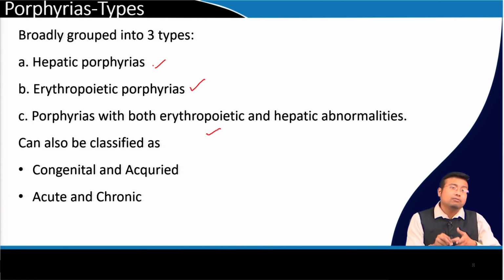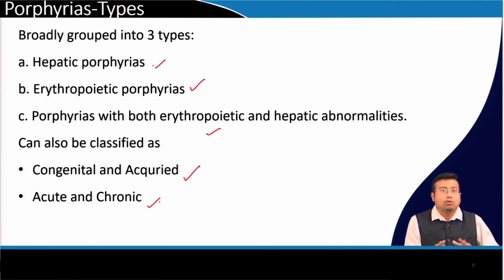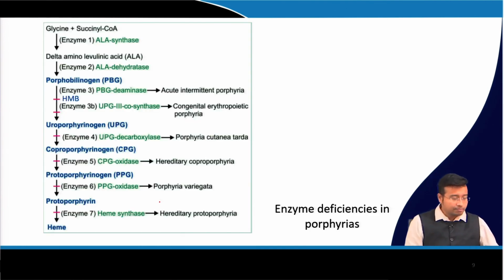There are some other ways the porphyria can be classified: congenital or acquired, acute or chronic, okay. Even some porphyrias are also called cutaneous porphyrias and non-cutaneous porphyrias. So depending on your textbook, or depending on the presentation of the patient, it can be classified in many ways. We will be discussing everything.